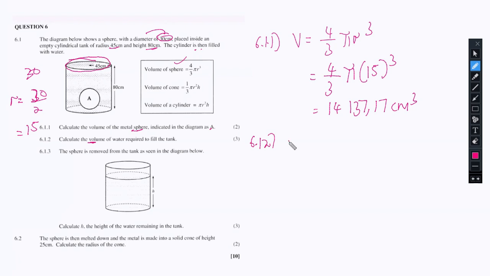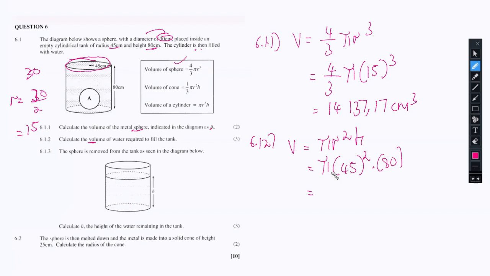Then V is equal to pi r square h for the cylinder, then pi. Our radius is 45 for the cylinder, so 45 square. And then our height is 80. Then when you punch all that into your calculator, let's check.